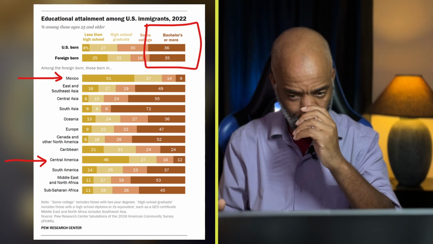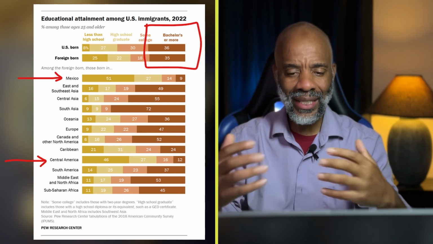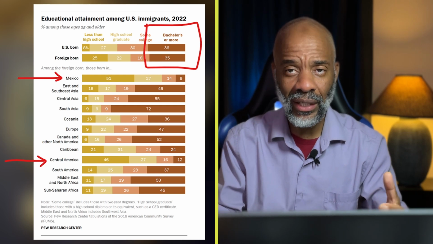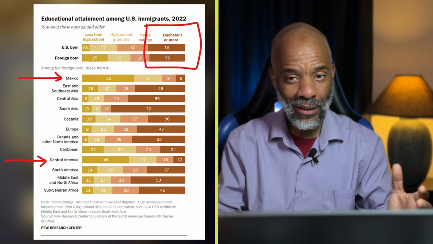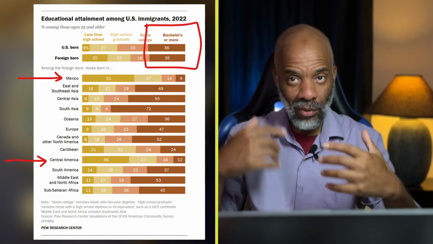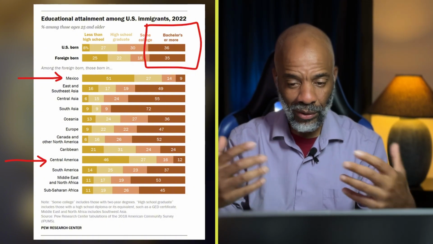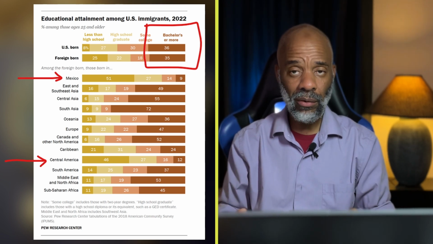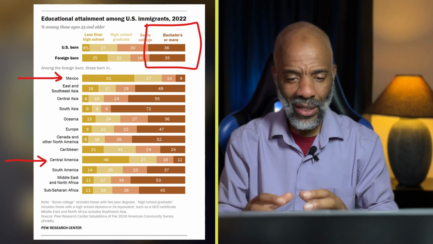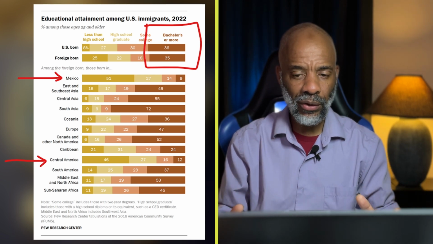Now, it's also possible that they received those degrees here in the United States of America, but still, it just shows you the mentality and what people are striving for. Now, when you look at Mexico and Central America, you see that it's a completely different story.